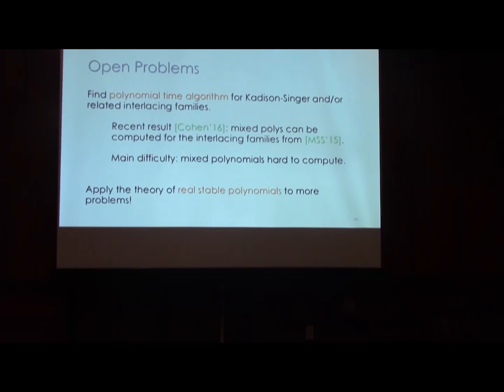So in that setting, you can actually compute these polynomials, but we know that this can't be true for all interlacing families. So that's the main difficulty. And this is more of an open-ended question. Real stable polynomials, I think, are finding more and more applications in combinatorics, probability, and algorithms. So the question is to find more applications.